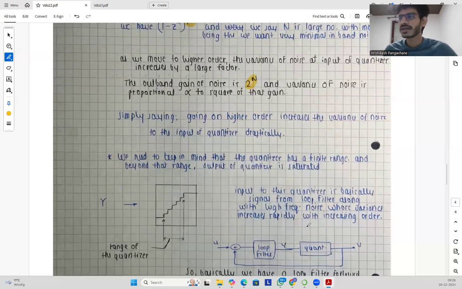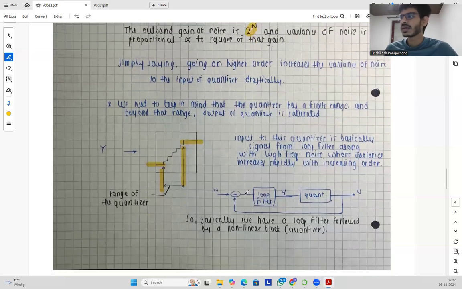So what do I mean by that? The quantizer has its particular voltage range. The input to this quantizer is basically a signal from the loop filter along with high frequency noise, whose variance increases rapidly with increasing order.